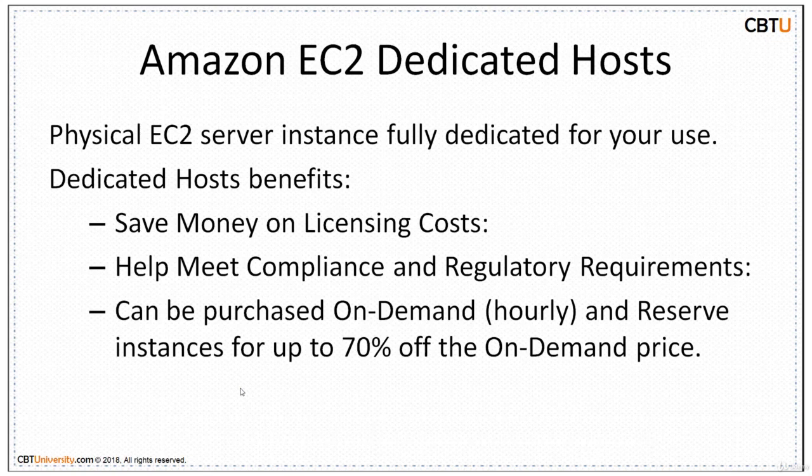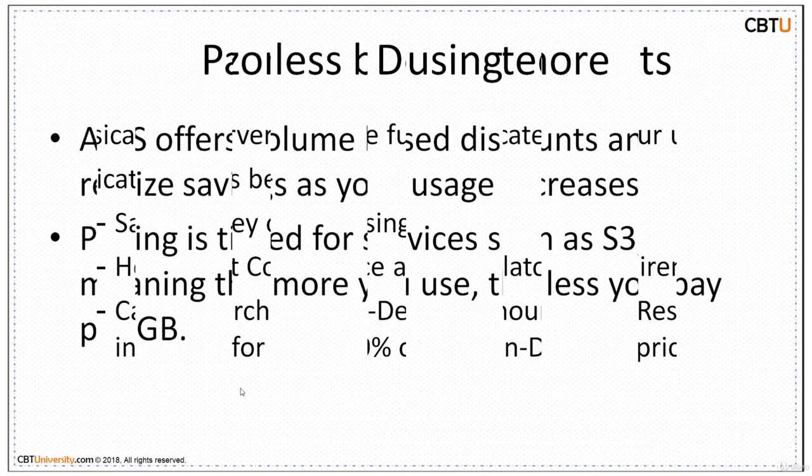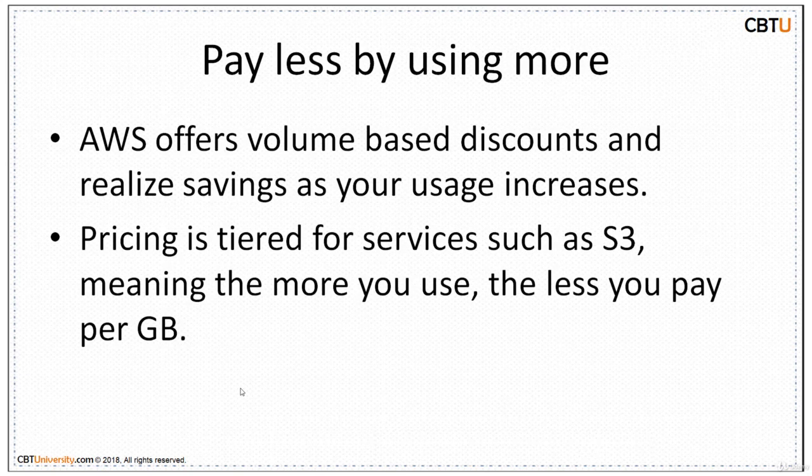The main feature of Amazon EC2 dedicated hosts is you can save money on licensing costs. With AWS, you can get volume-based discounts and realize important savings as your usage increases. Pricing is not pro rata but discounted when you use more. Pricing is tiered for services such as Amazon S3. The more you use, the less you pay per GB.